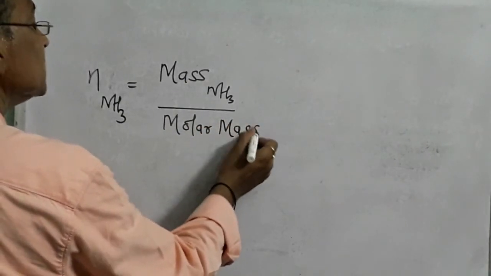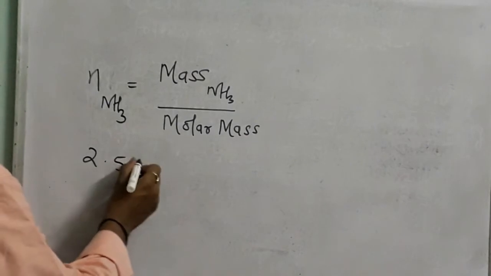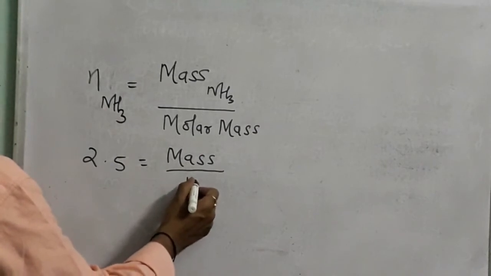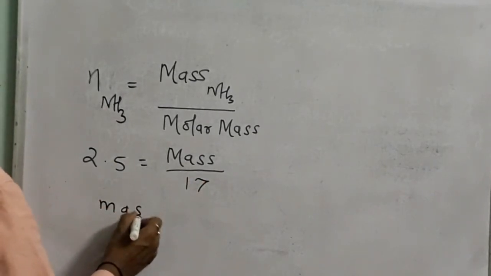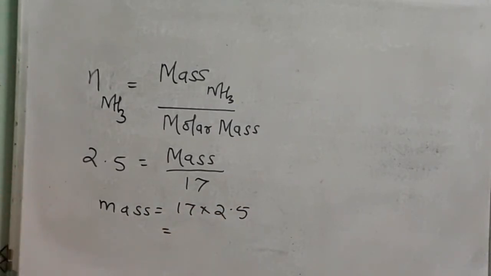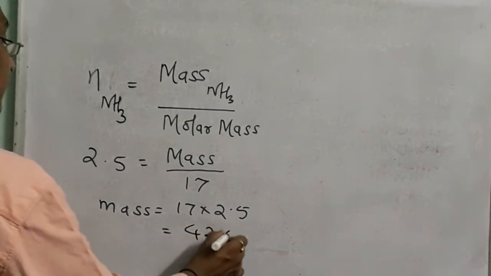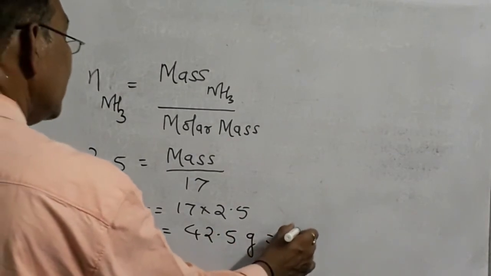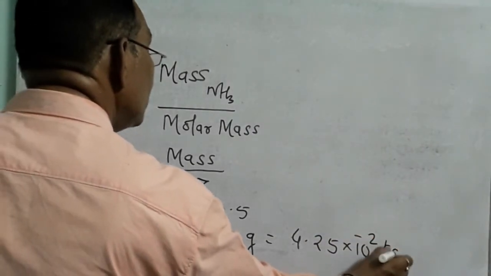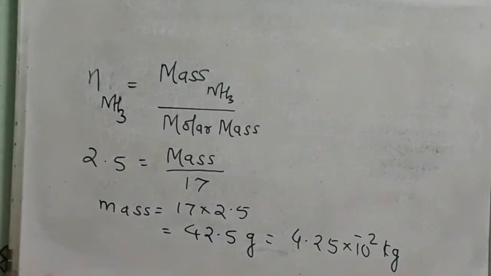Number of moles given is 2.5, mass is to be calculated, divided by molar mass of NH3, which is 17, and therefore mass is equal to 17 multiplied by 2.5. If you do this multiplication, the answer is 42.5. Again this will be in gram, and if taken in kilogram it will be 4.2 into 10 to the power minus 2 kilograms. So this will be the standard answer of the problem.